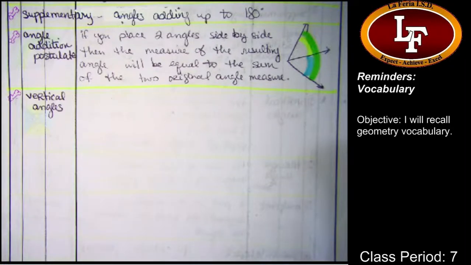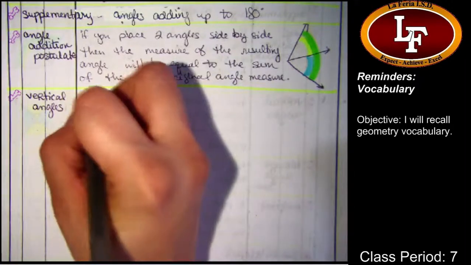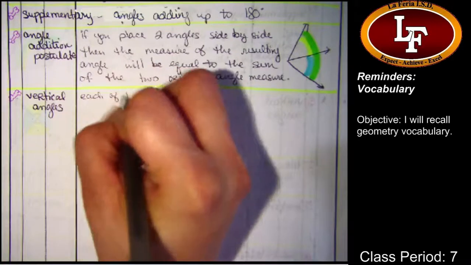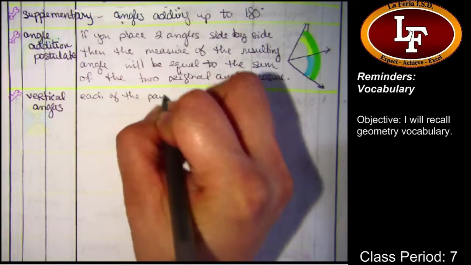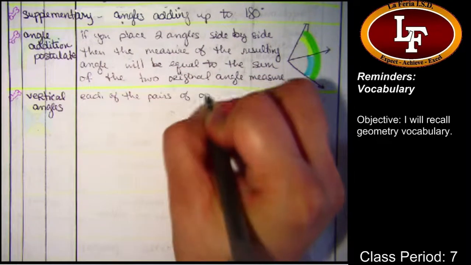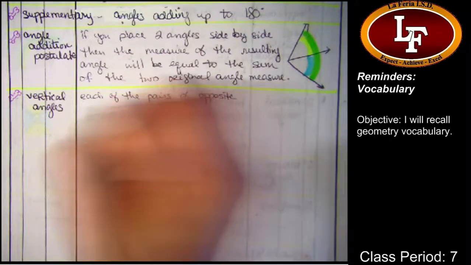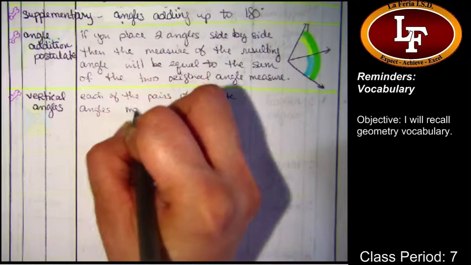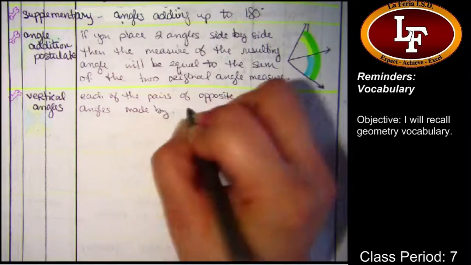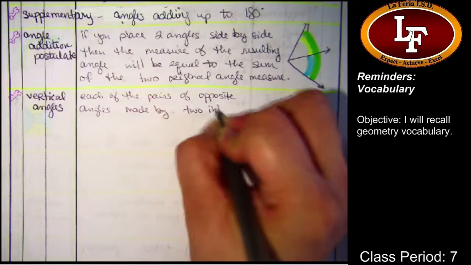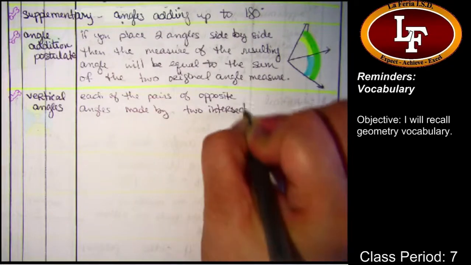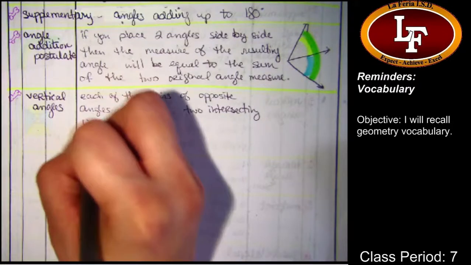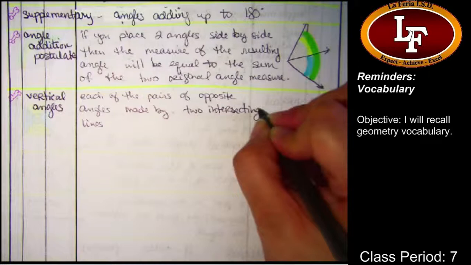Oh, I got each of the pairs of opposite angles made by two intersecting lines.